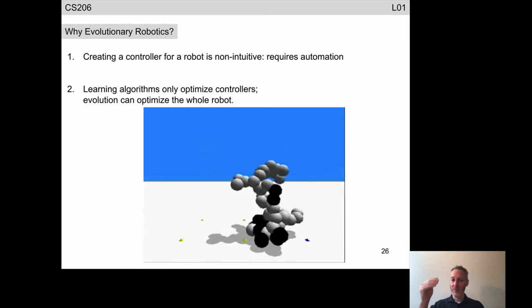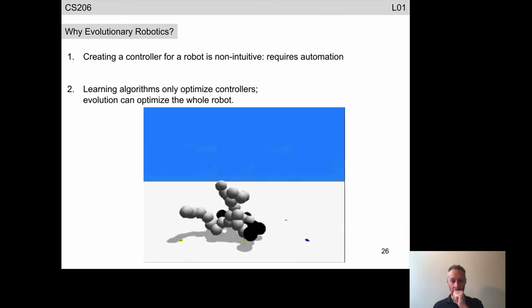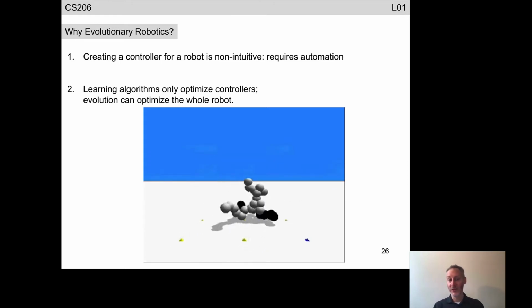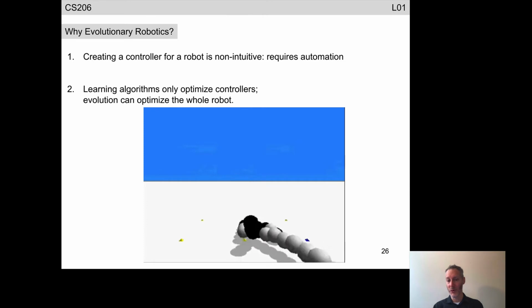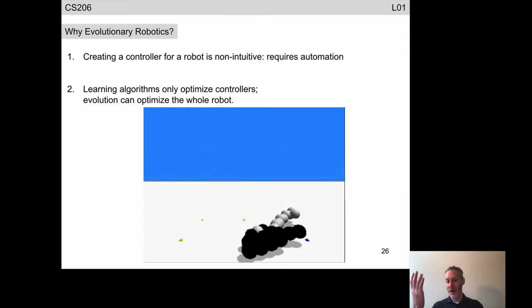Again, I'm showing you a snapshot during an evolutionary process. You'll see in a moment this solution that evolution comes up with, which is very non-intuitive. It doesn't seem to look like anything you'd see in nature, but it actually does locomote forward. Here's a solution where the robot is bilaterally symmetric, meaning the left side of the body looks like the right side of the body, which is a good thing usually for a body to have.